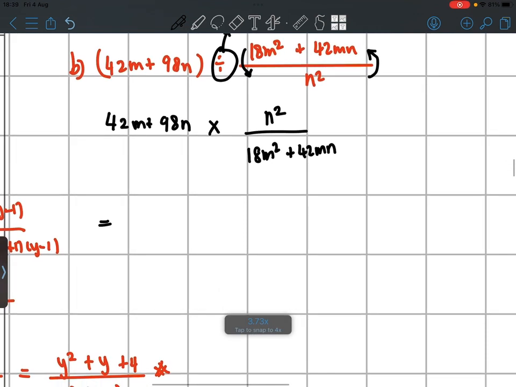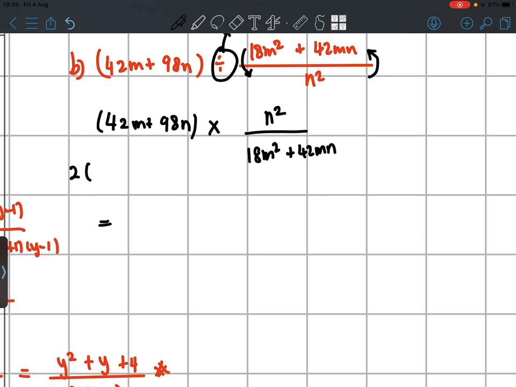Alright, so we see if we can factorize the first expression. Maybe we try 2. Okay, 2.